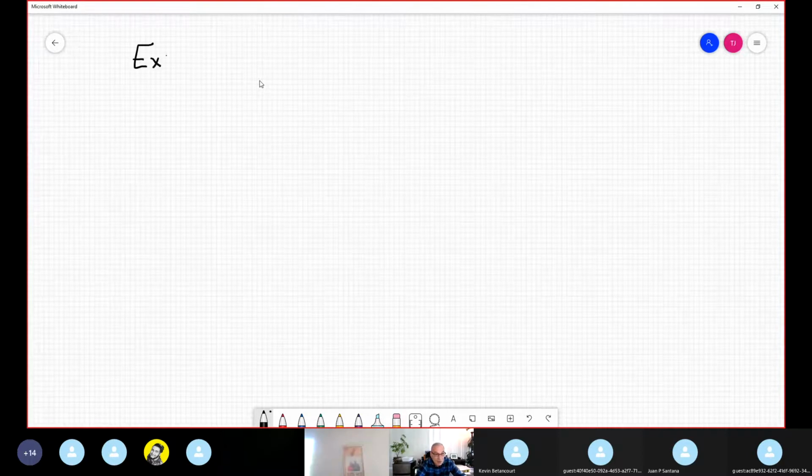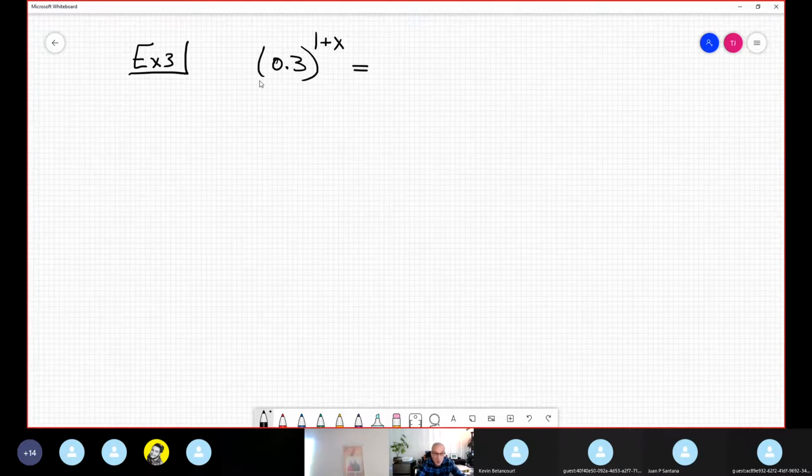Example 3 is 0.3 raised to the 1 plus x is equal to 1.7 raised to the 2x minus 1. Again, we have one exponential equation.